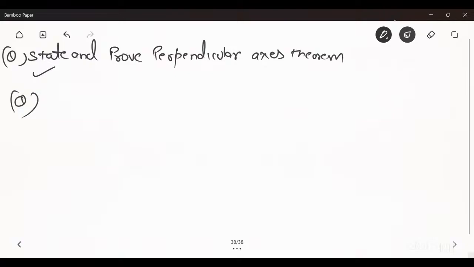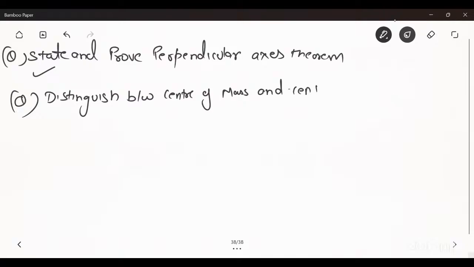The second one is distinguish between center of mass and center of gravity. That question I have also discussed earlier.